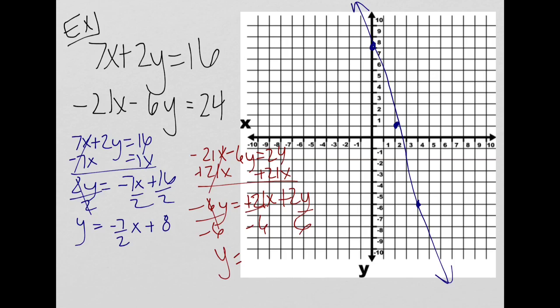I think that's a positive 21 over negative 6. So we got negative slope, and 3 goes into both of these, so -7/2 x. That's not a y, that's a 24. Plus 4. Sorry. Can't see when the grid's in the way. So it says go up to positive 4, and then it goes down 7 over 2.